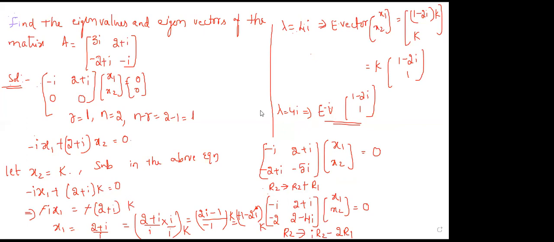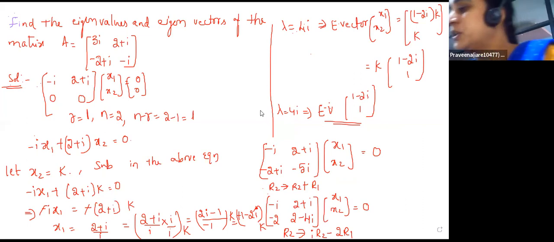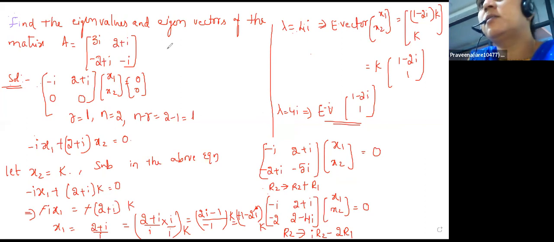Finished first case? Yes, ma'am. Then you can continue the second one. What about the next eigenvalue here? Lambda is equal to -2i. Continue ma. Try it.